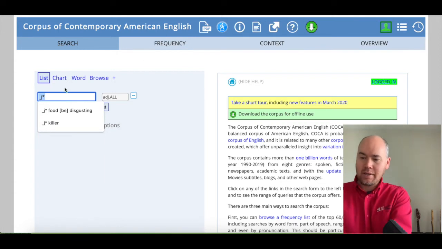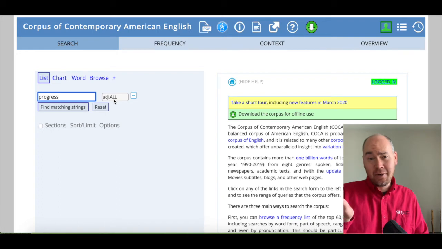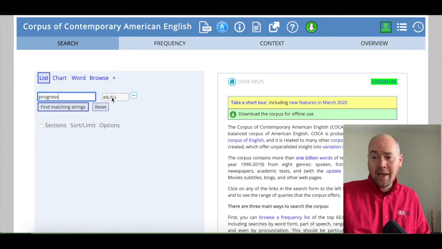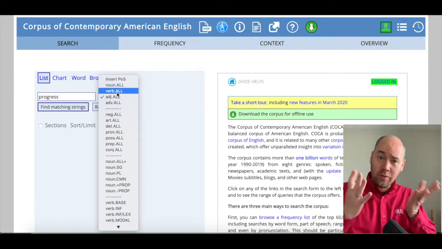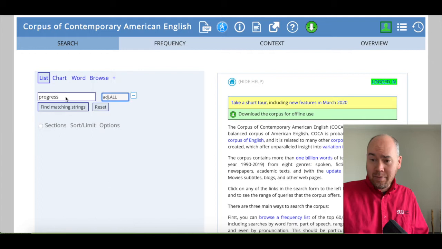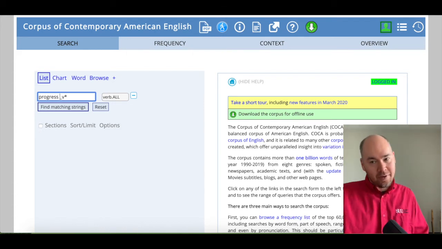And I want to know if it's more common as a noun or more common as a verb, because there's a noun progress and there's a verb progress that are both spelled the same way. I can use the tags here to find out which one of those is actually more normal, more common. So I'm going to look up progress verb. This time I don't want a space because I want to find progress as a verb, not progress and a verb. Okay, so no space.